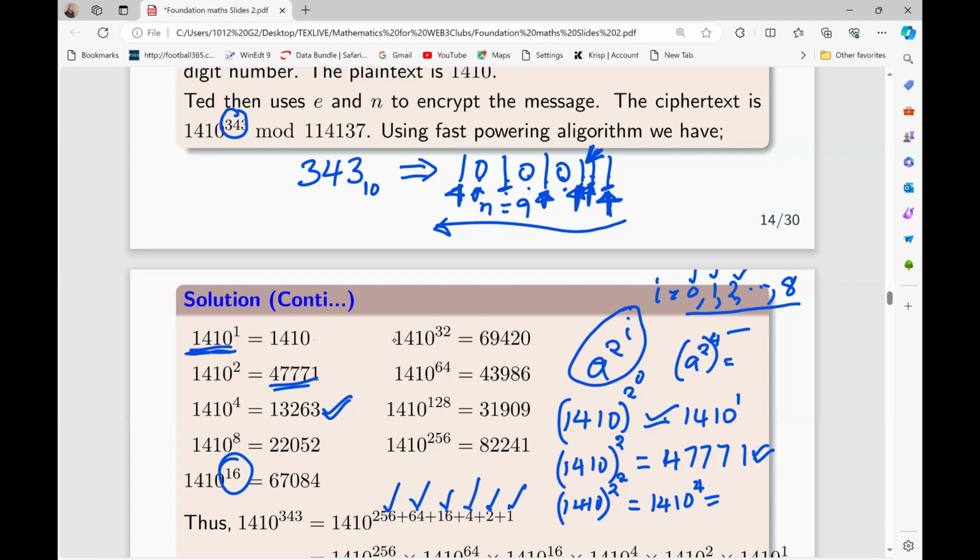What we know is if you have A raised to M, then raised to N, this is the same as A raised to Mn. So this is the same as A raised to 8. That's it? No.